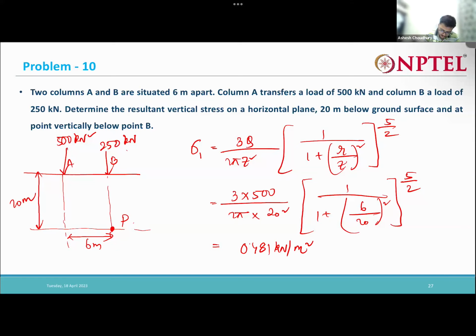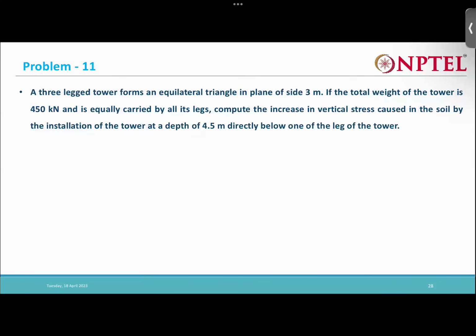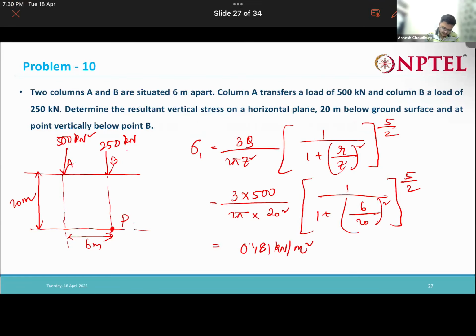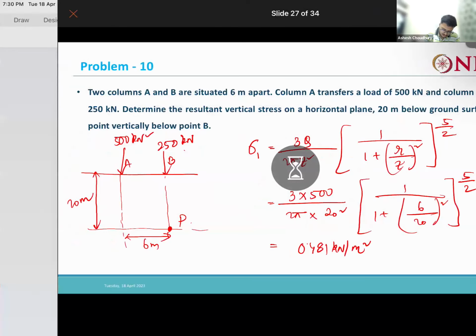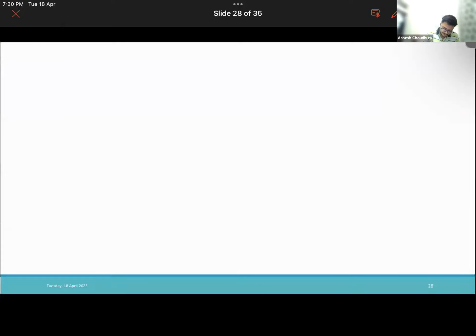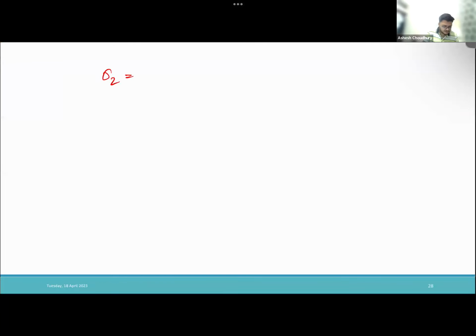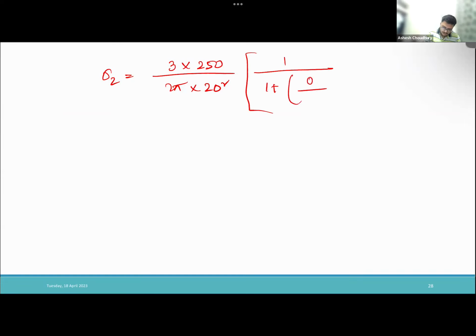Now let us find the effect of this 250 load on point P. So Z will be again 20, but this time R will be actually 0. 0 by 20 square, to the power 5 by 2.